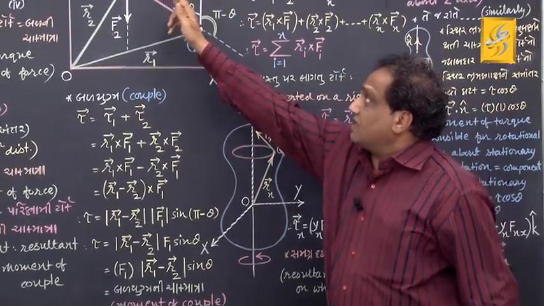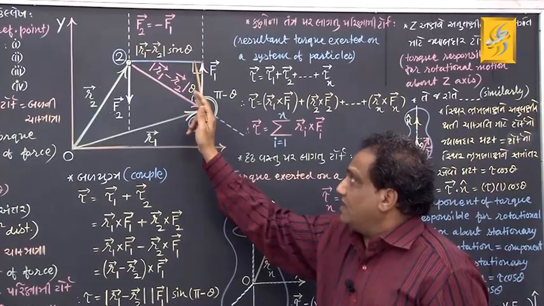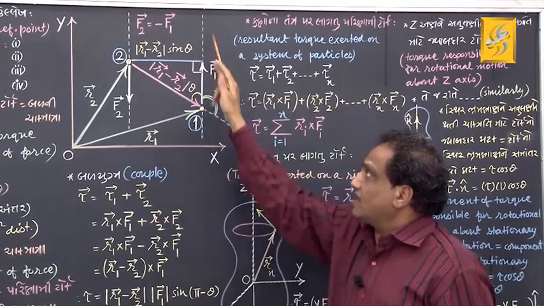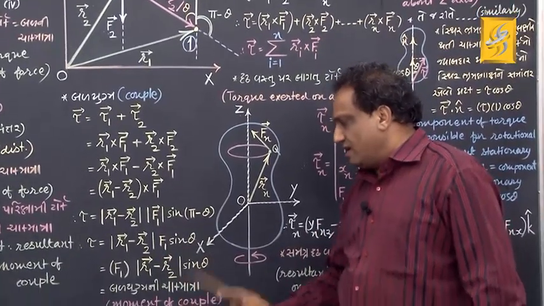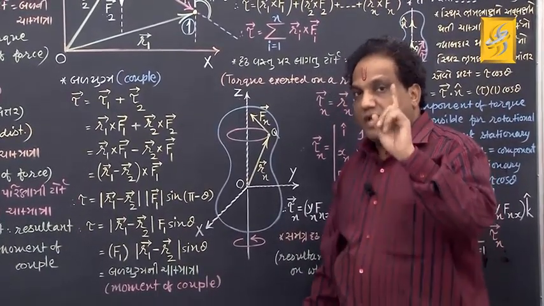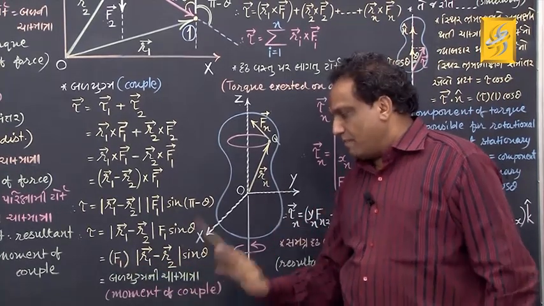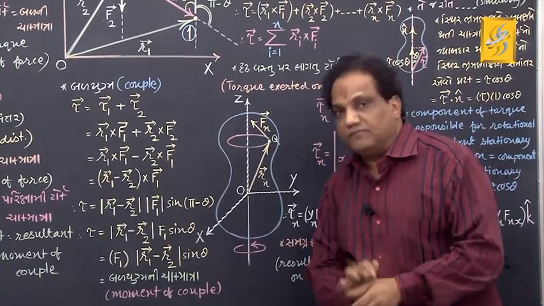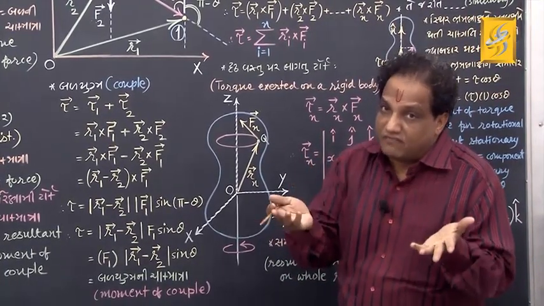Tell me, f1 is magnitude of either force, and this part gives me what? Perpendicular distance between the lines of action of two forces. You know, product of force and perpendicular distance of line of action of force from some reference point is going to give you moment of that force.